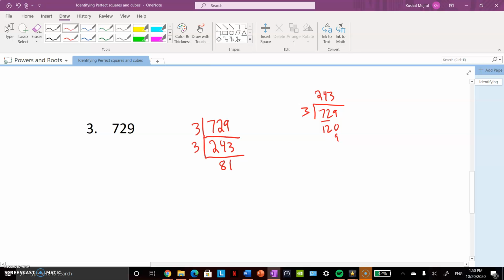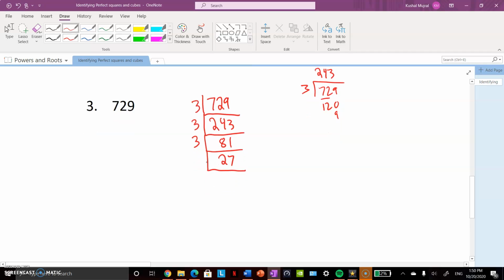So then we're left with 81, can divide by 3 again, we're left with 27. I'm going really fast here, so make sure to pause and do all these divisions and this prime factorization completely by yourself. Divide by 3, that's 9, divide by 3 again, that's 3. So 729 equals 3 times 3 times 3 times 3 times 3 times 3.